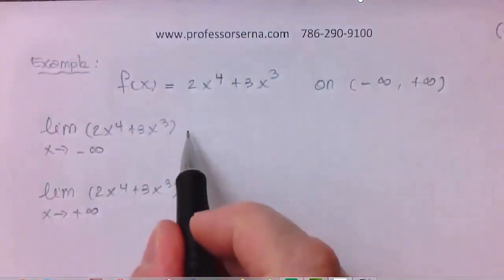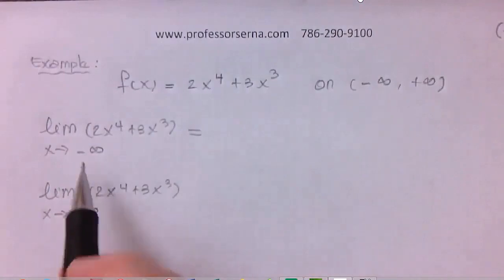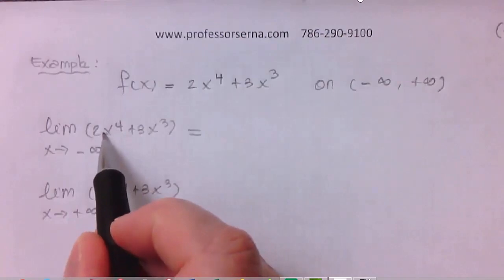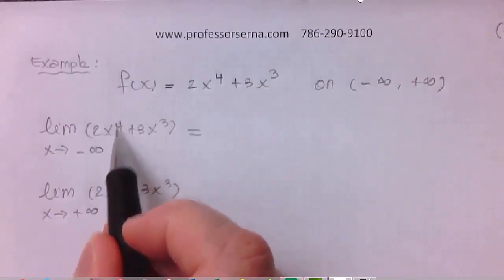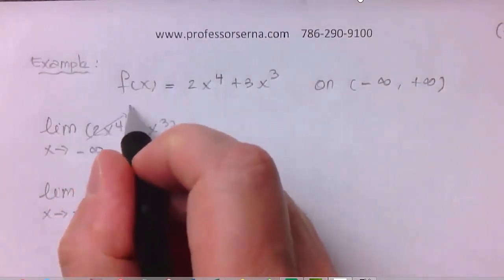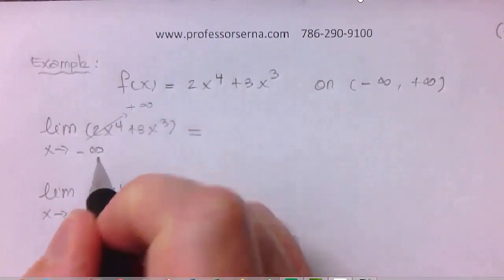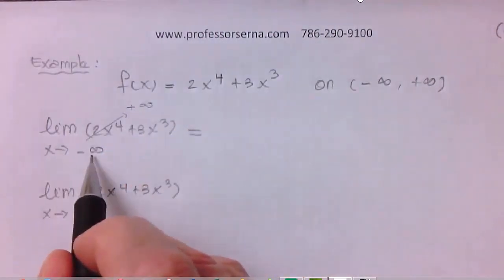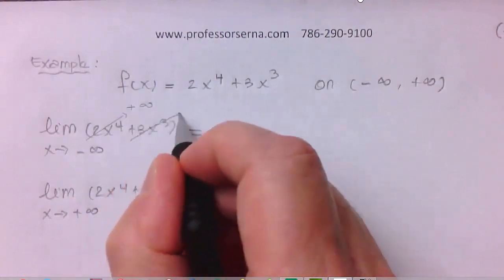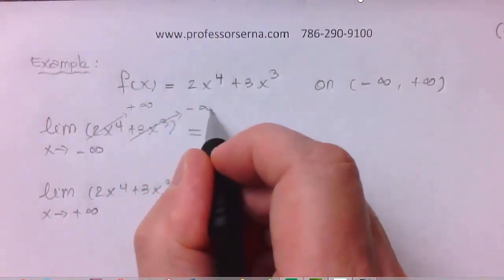Okay? So when x approaches negative infinity, since x is raised to the fourth, this term is going to be positive because it is a negative number raised to an even power. So this term here will be approaching plus infinity. And when x approaches negative infinity, this is an odd exponent, so this term is going to be approaching negative infinity.